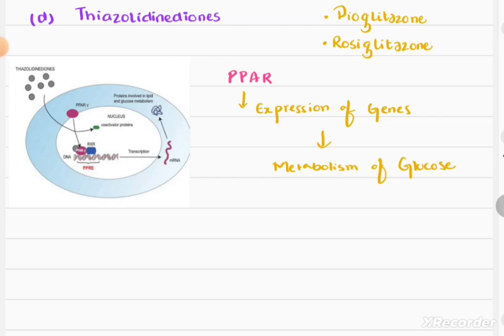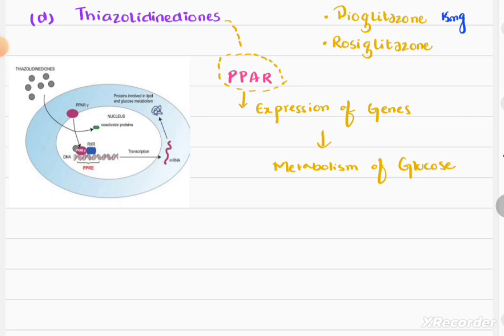So the thiazolidinediones act as an agonist at this receptor, the peroxisome proliferator activated receptor, and it will cause the expression of genes that will result in the metabolism of glucose, and this is how it will result in improved insulin sensitivity. So we have two drugs. We have pioglitazone, which is given in the dose of 15 mg, and rosiglitazone, which is less commonly used.